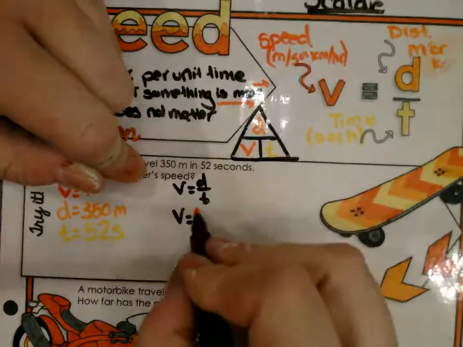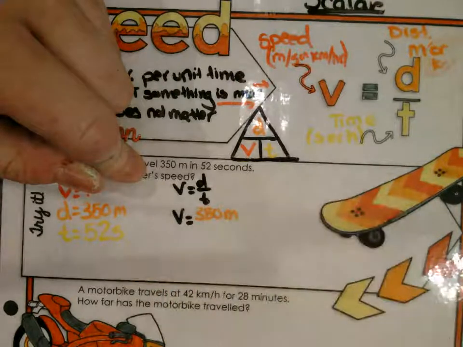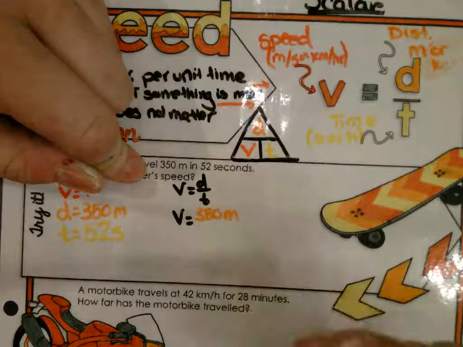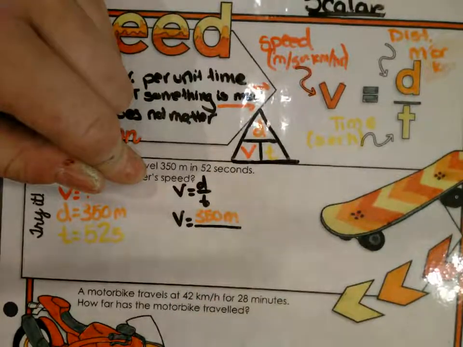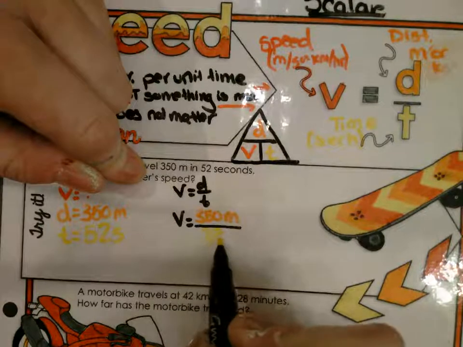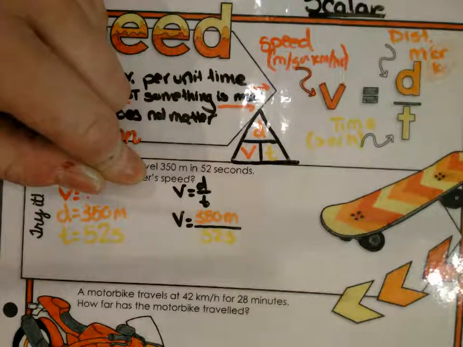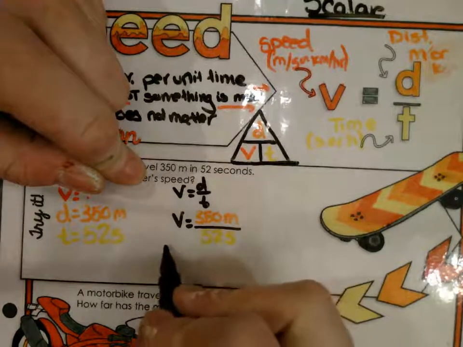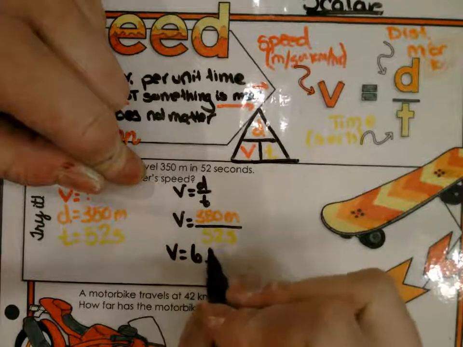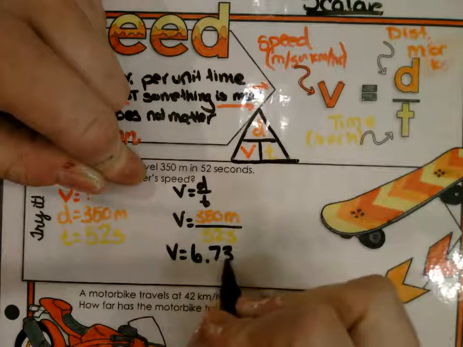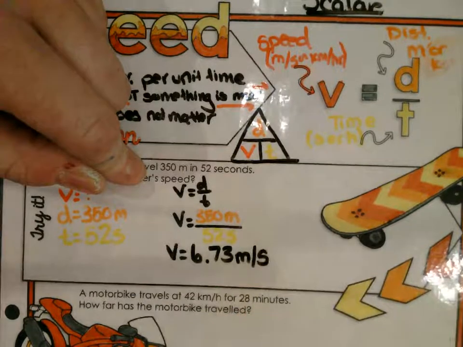My distance is 350 meters, divided by my time of 52 seconds. When I plug that into my calculator, I get my velocity of 6.73 meters per second.